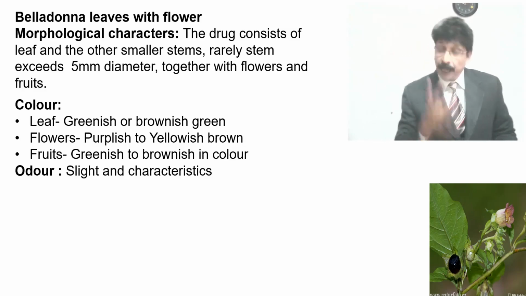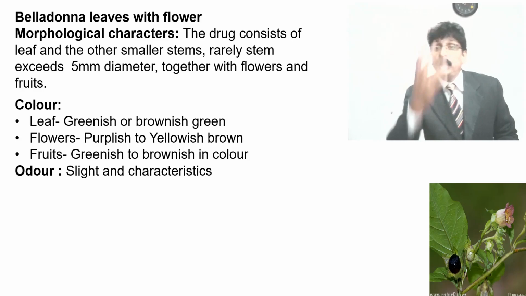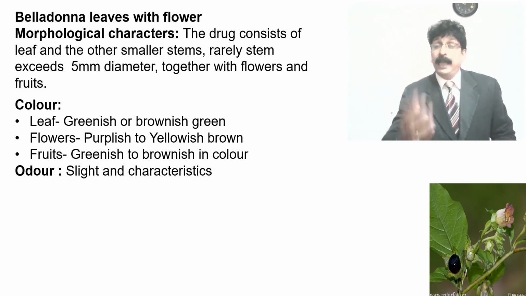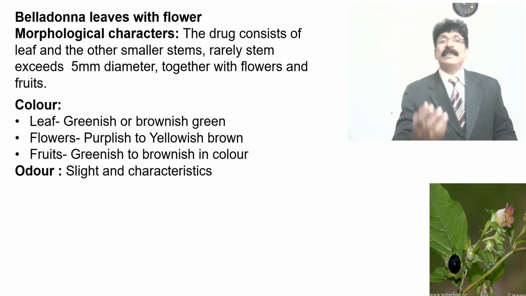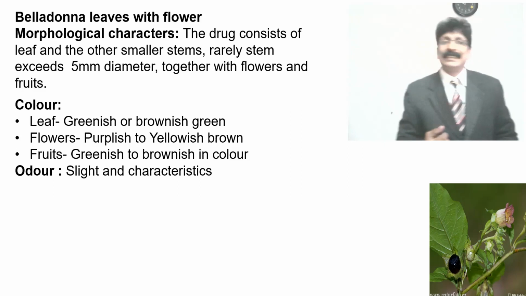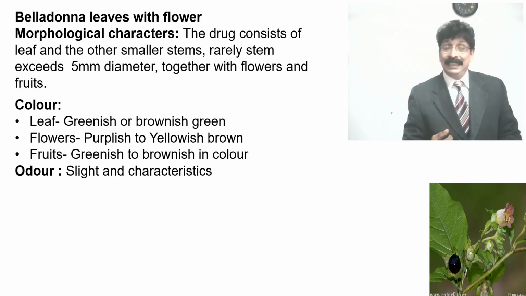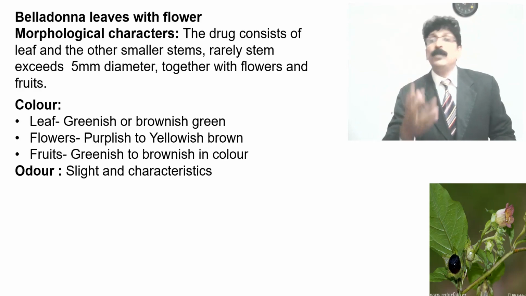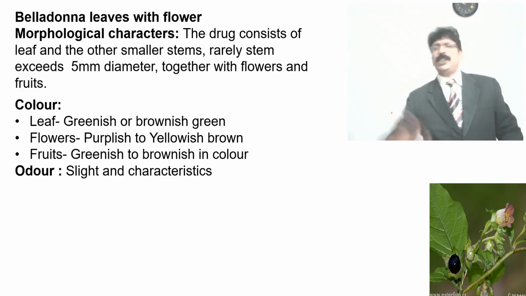Odor, like organoleptic character. You should know about color, taste, odor, texture; morphological character includes all the organoleptic characters. Odor slight, very slight odor, not an aroma or anything, and characteristic, that means its own characteristic.